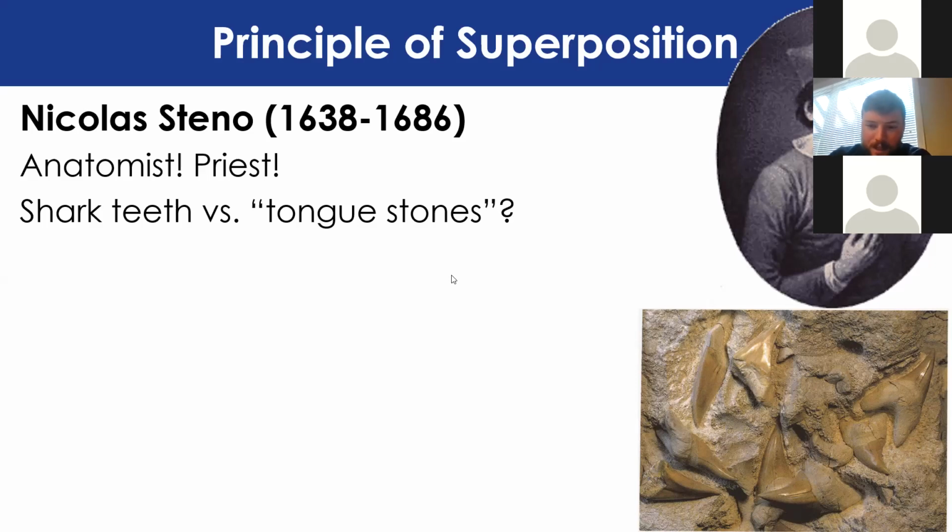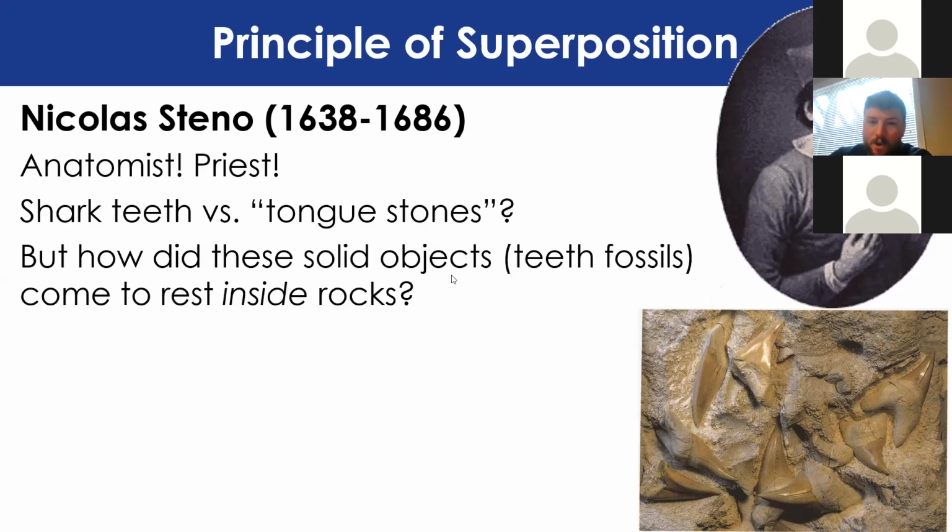It was impossible. So he came up with the idea of, why wouldn't it be easier for the shark teeth to settle in sediment and then that sediment be lithified, which means that the sediment has to be older than the shark tooth. So it's like, what came first, the chicken or the egg? In this case, the sediment had to be there first for the shark tooth to enter it.